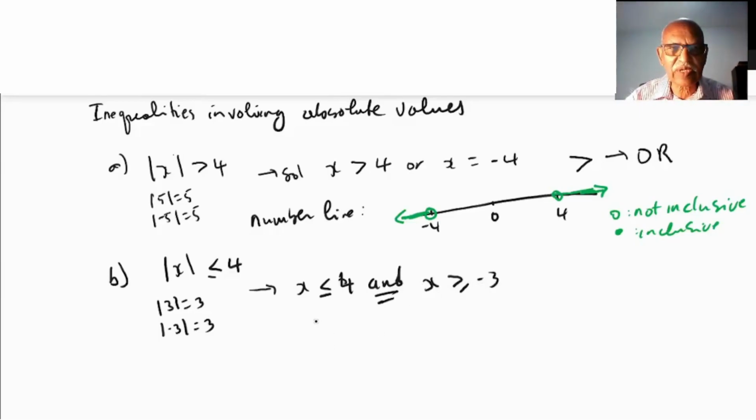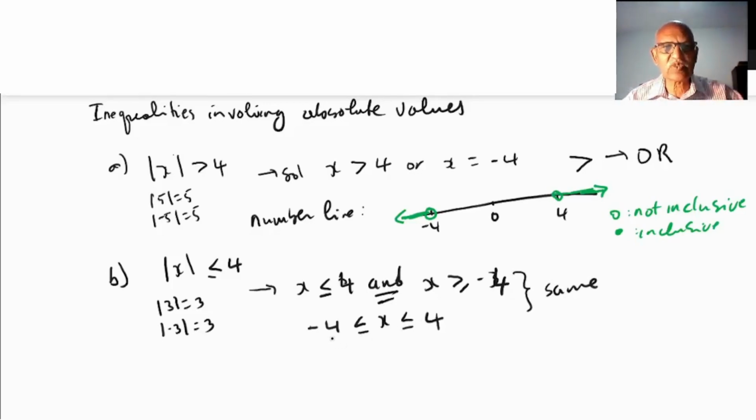Or in this case, we can write it in compact form: negative 4 is less than or equal to x is less than or equal to 4. These two are the same. So greater is or, less than is always related to and.